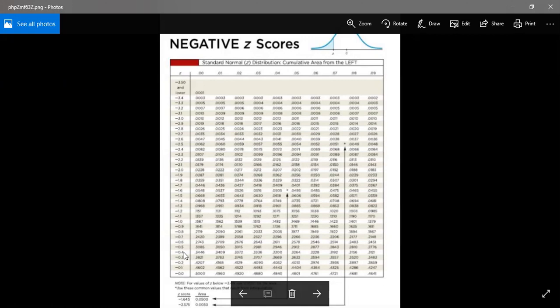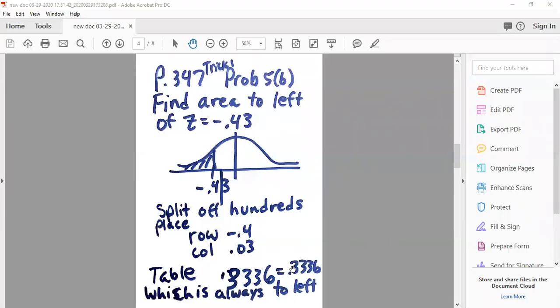Actually, this does look like the table. Yes, I apologize. So negative 0.4, and then go over to the 03 column, and you should see 0.3336. Okay, and there we are, 0.3336.